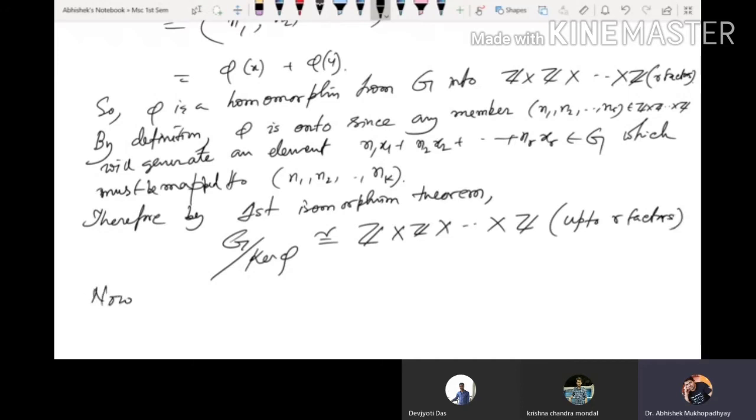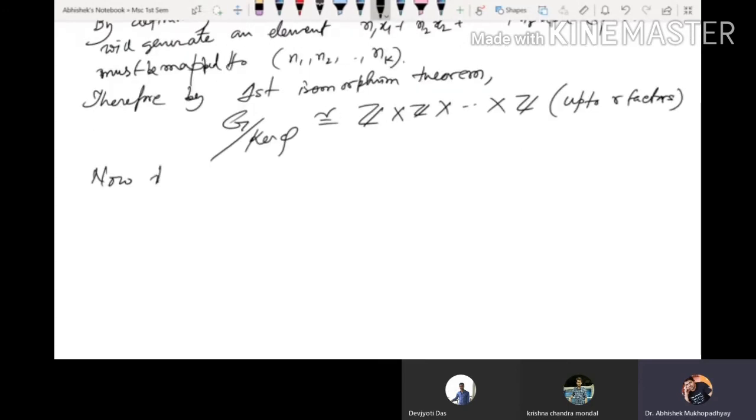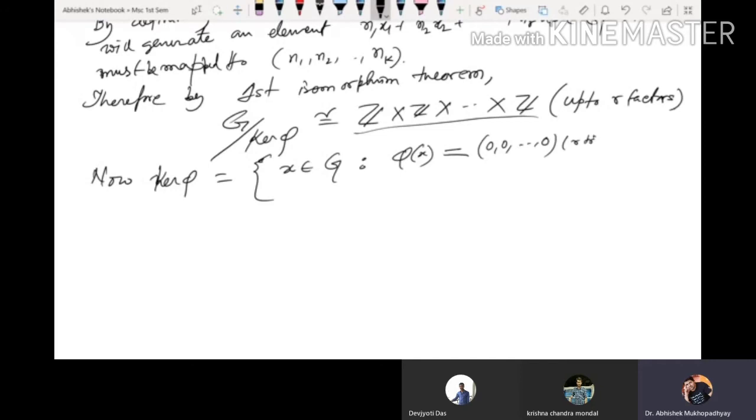But now, if we calculate the kernel of phi, this set contains all those x belonging to G such that phi(x) equals the identity element of this group, that is (0, 0, ..., 0) r times.